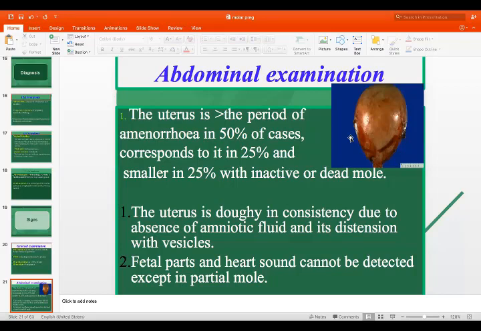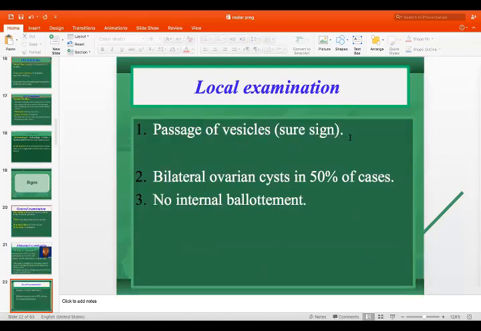The fetal parts and heart sounds cannot be detected except in partial mole. So if it is a partial mole, we can feel the fetal parts or hear the fetal heart sounds. When we examine vaginally, there will be passage of the vesicles and blood along with the vesicles, and on bimanual examination, both ovaries are enlarged, and there is no internal ballottement.